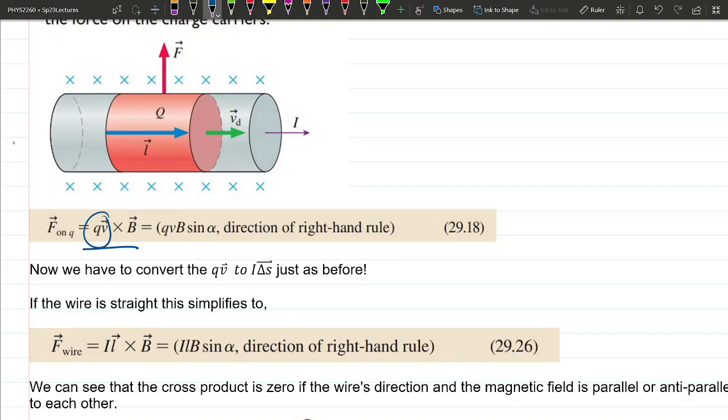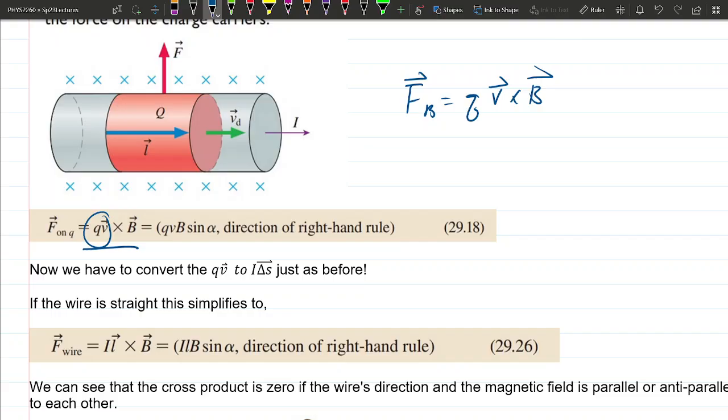Once again, the magnetic force is QVB. So we'll count with our first finger the velocity direction. The magnetic field is into the board. And we know it's not true, but assuming that it's just a positive charge moving inside these wires, we're going to have a magnetic force going up.